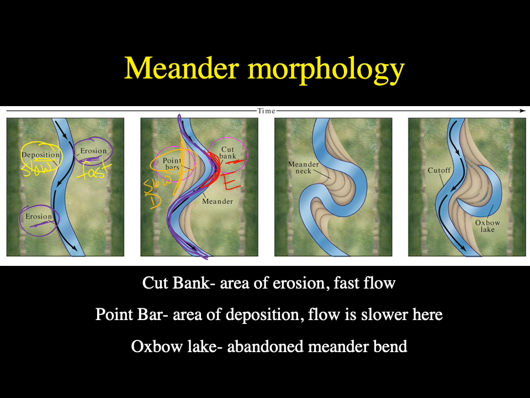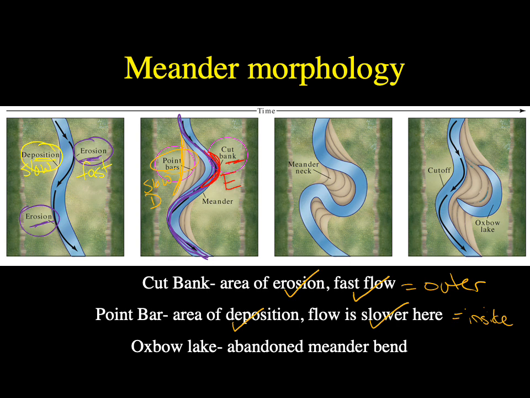So notice down here, cut banks are areas of erosion, and they erode because they are the fastest flow. They're on the outer part of the meander. The point bar is an area of deposition. The flow is slow there, and you can remember these are the inside of the meander bends.